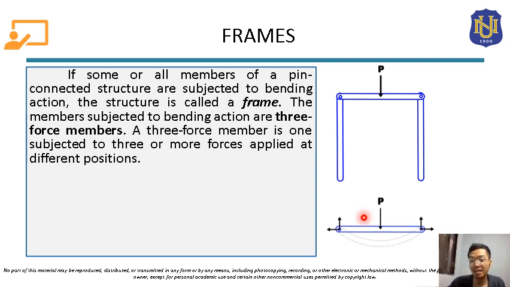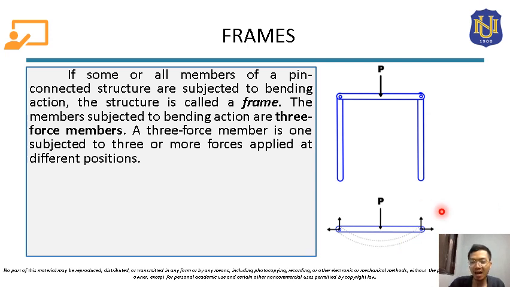Trusses are the exception, because in trusses the members are just subjected to one force at one end and one force at the other end, and those forces are directed along the axis of the member. But here in frames, or in members subjected to bending, there will be reactions here, one horizontal reaction and one vertical reaction. The same goes for the other end, since this is also pin connected.